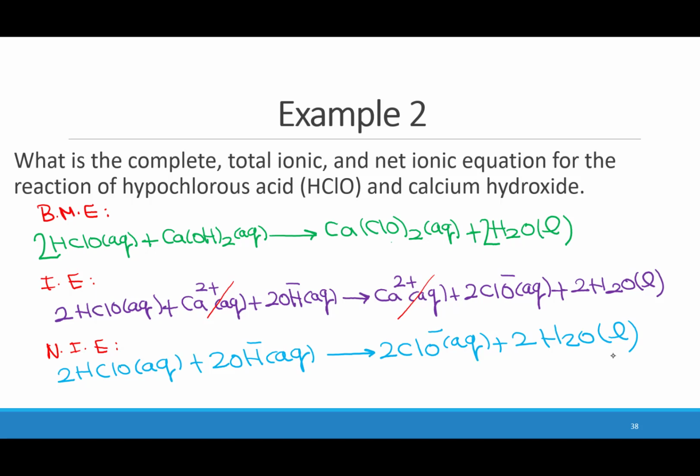Okay. As you can see, remember, the net ionic equation is the simplified version of it. Then these two will get canceled out.